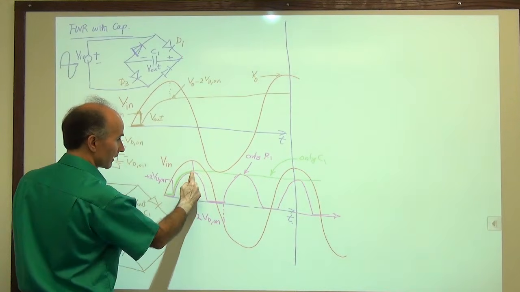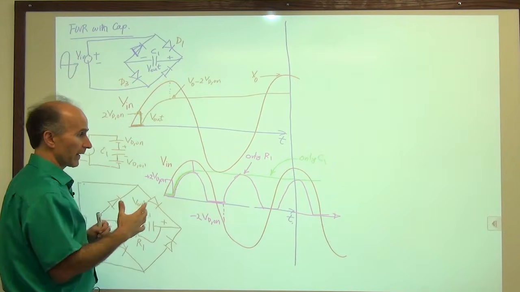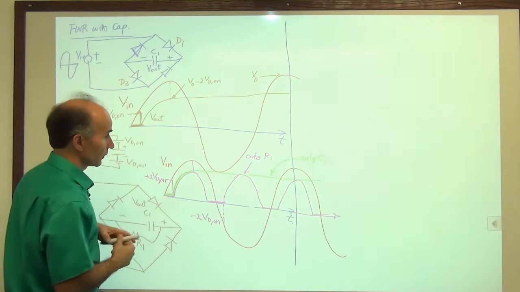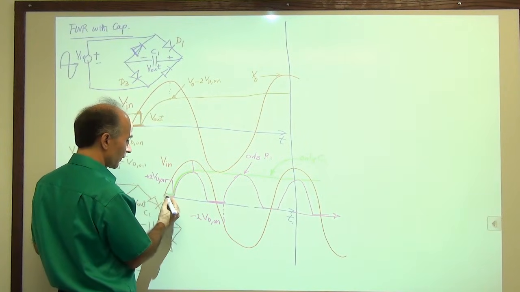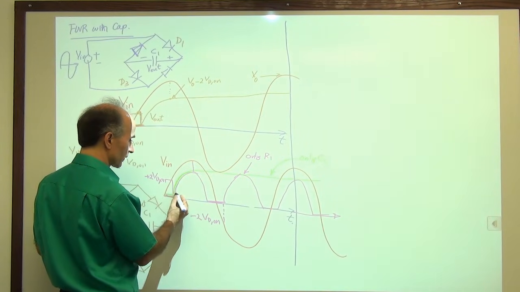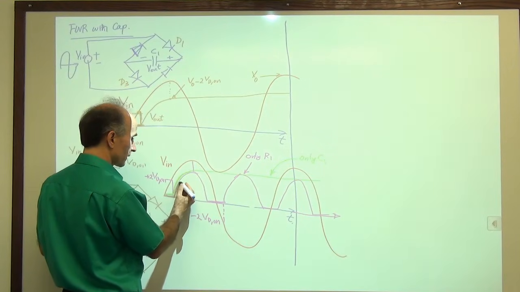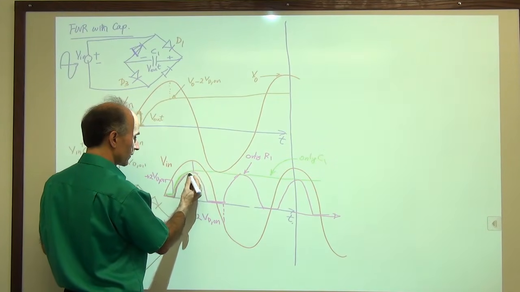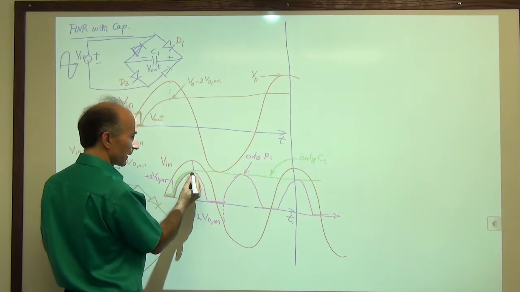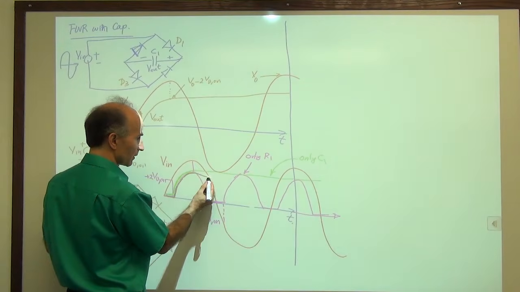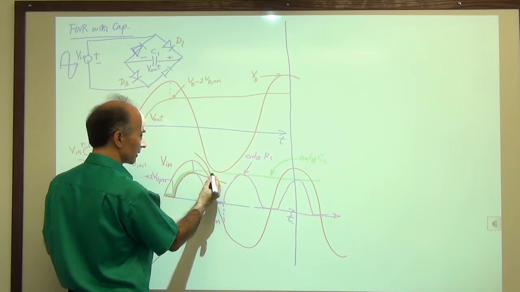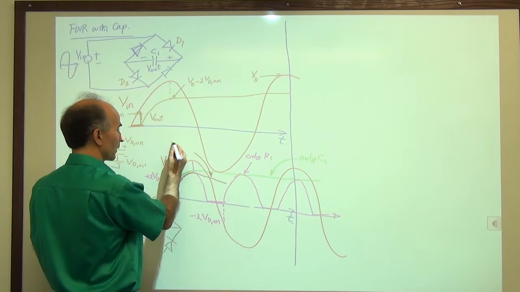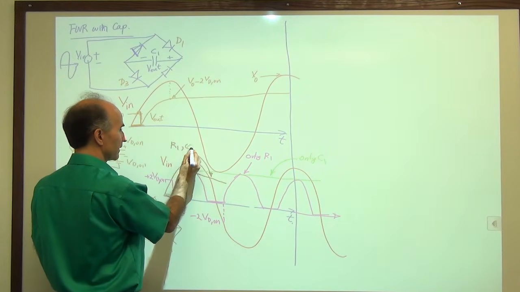So the diodes have turned off, the capacitor begins to discharge. So in the case of both R1 and C1, the output voltage looks like this. Again, I'm just drawing it separately. So we come up here, but then we begin to discharge. So this is what we call R1 and C1 together.